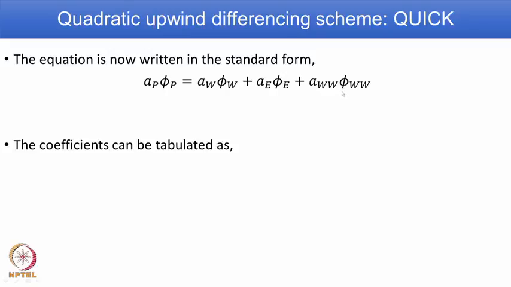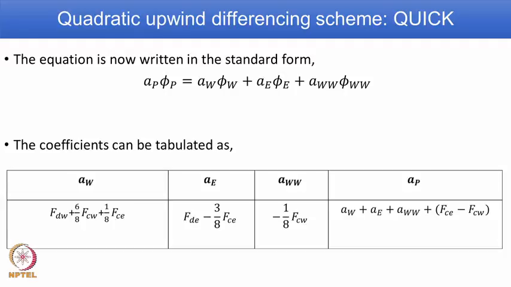If you are able to recall, compare this expression with the expression that we obtained for the central differencing scheme or pure upwinding, and we can tabulate as we did in the case of the diffusion equation. So, AW, AE, AWW and AP are the terms in this equation, and we write the corresponding coefficients. We can again observe that the coefficients for AW and AE appear as terms in the coefficient for AP.